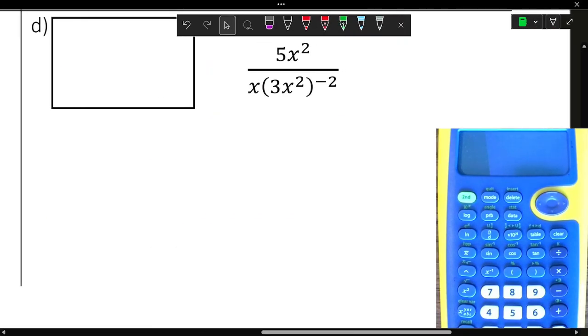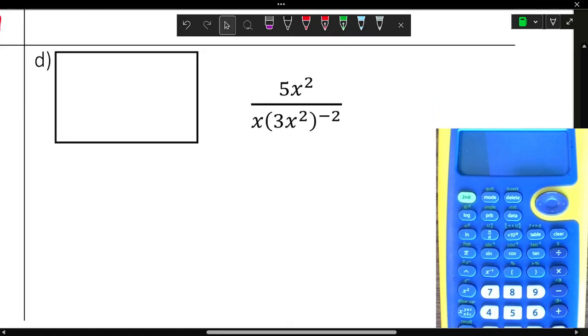Last problem in this group. I got a negative exponent thing. I know what I'm going to do. I'm a one trick pony. I'm going to multiply by 3x squared to the positive 2 in both the top and bottom.